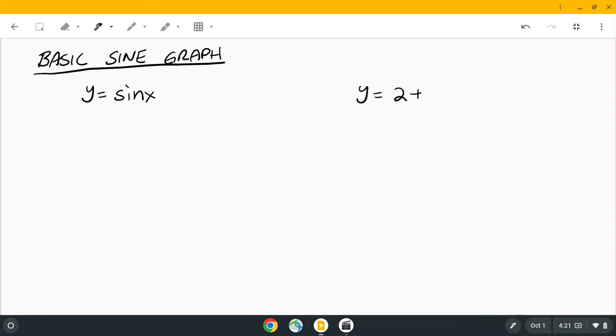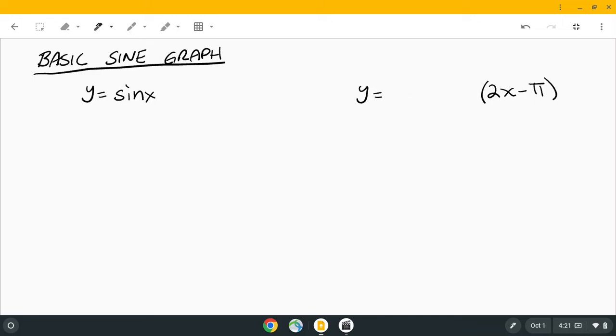So we work our way up to things like this, 1/2 sine 2x minus pi. So this is much more complex, but what we do here in chapter 4 is we build up to this. So we start adding one little piece at a time. We don't attack the whole thing at once.